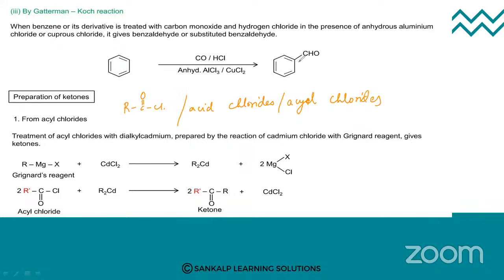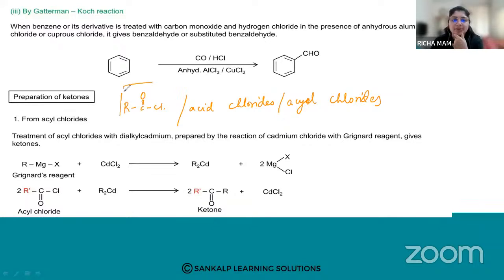By taking the starting product as acyl chloride or acid chloride, you can prepare your ketones. Ketones can be prepared from these acid chlorides by treating them with dialkyl cadmium. How are we going to obtain this dialkyl cadmium?